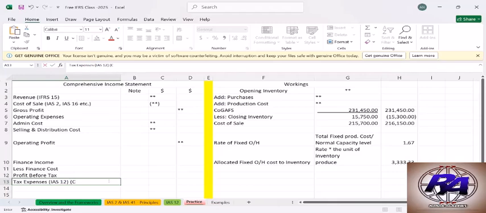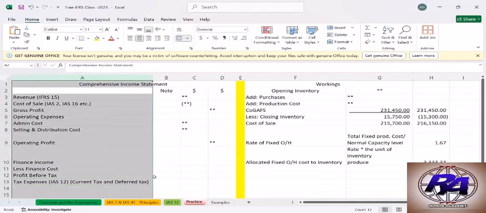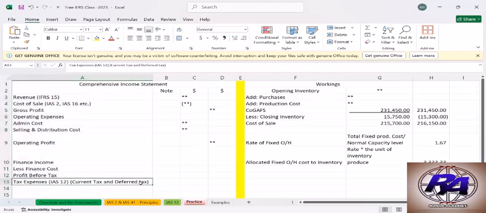We have what we call the current tax, and the deferred tax. So these two taxes come together to form your tax expense for the period.